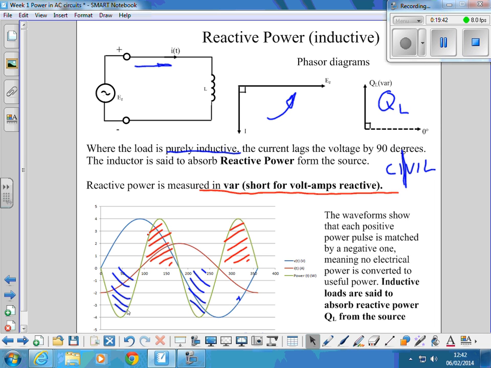As the voltage crosses zero there, the current crosses zero 90 degrees after it. So the current is lagging 90 degrees behind.